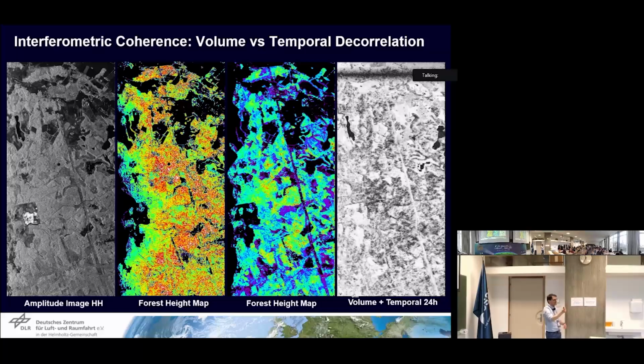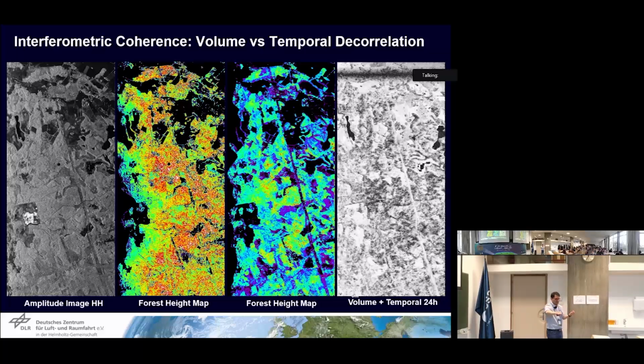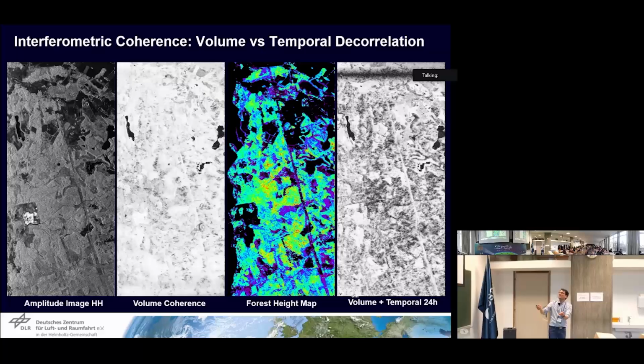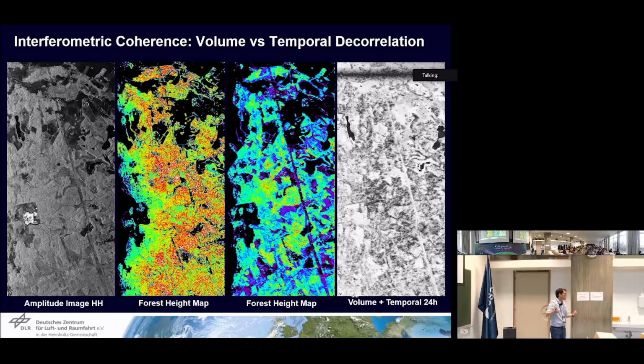You remember, for the same capacity, if your coherence goes down, then you interpret that the height goes up. And now here you have a coherence that is going down, but this is time. It's not geometry, it's not volume, but you misinterpret it. So you interpret this time for a baseline. And therefore, that's why you estimate your stands here become taller.